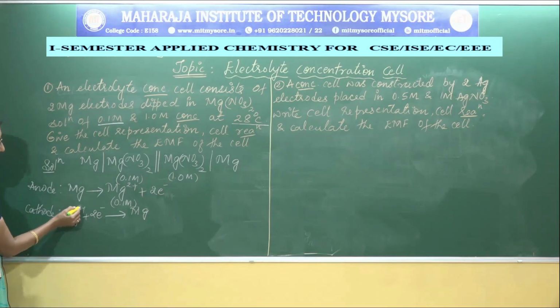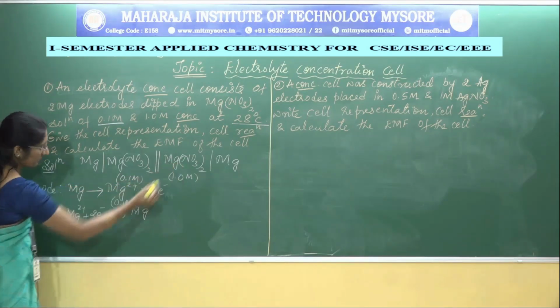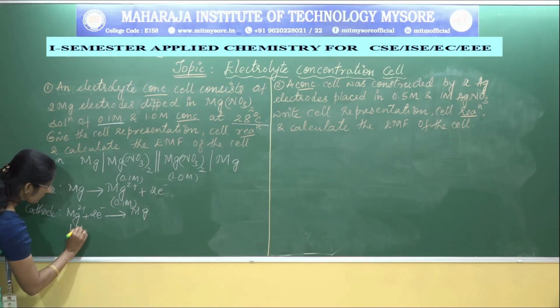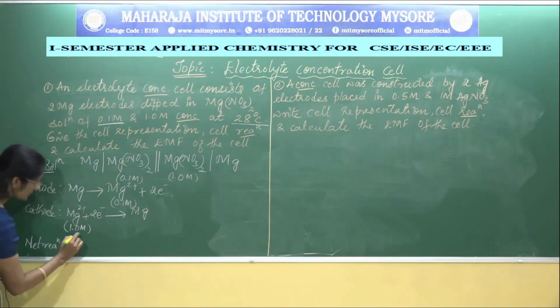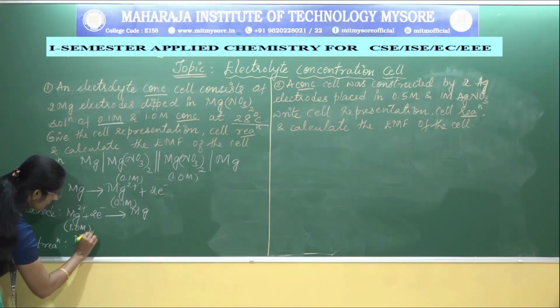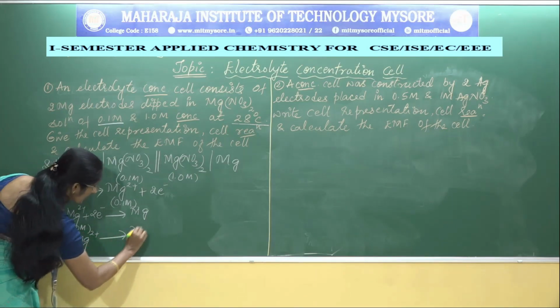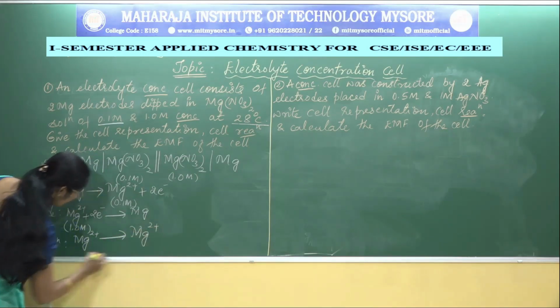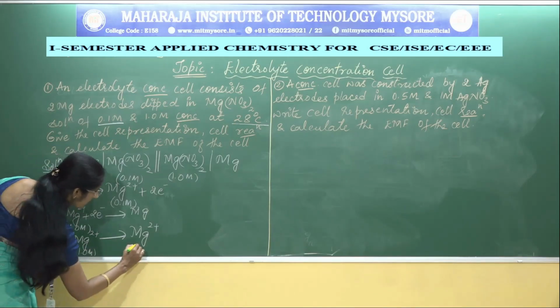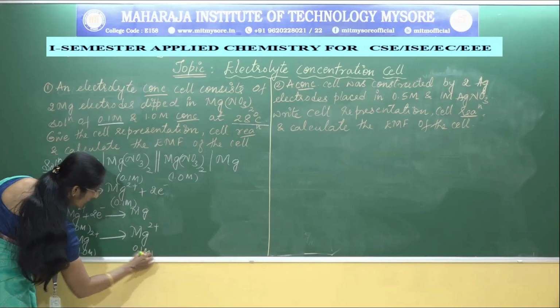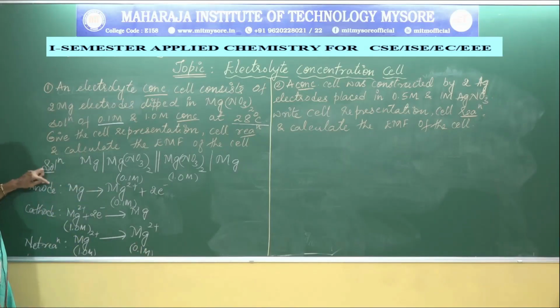The concentration of magnesium ions at the cathode compartment is 1 molar. Then what is the net reaction? The net reaction is simply a change in concentration, that is Mg2+ gives Mg2+. That means 1 molar concentrated solution is diluted to 0.1 molar. So these are the cell reactions for this problem: anode reaction, cathode reaction and the net reaction.